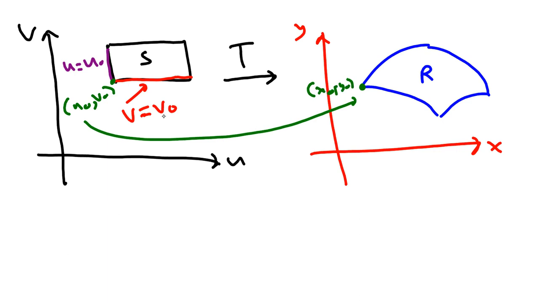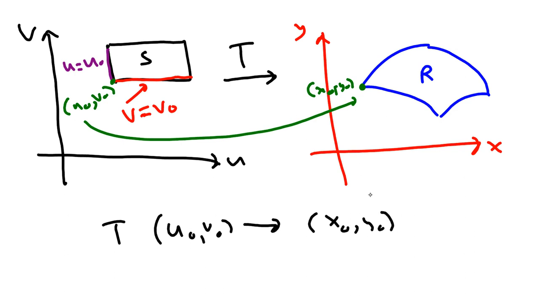So what we can say is that the transformation T applied to the point u0 v0 gives you the point x0 y0. And if you look at the other videos that precede this, there's nice examples of that. And then similarly, this side is what happens when we take the bottom side of S over in the UV plane and map it over to here.